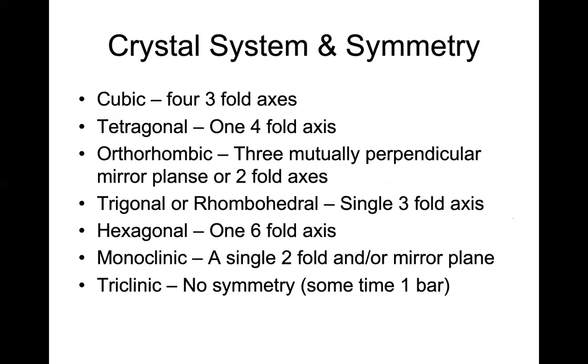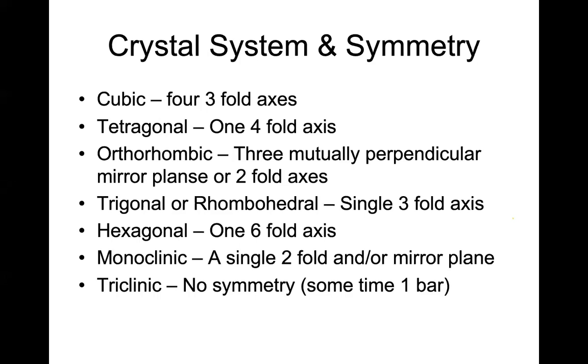Now you want to identify the crystal system based on the symmetry. For cubic, you will have four three-fold axes along the diagonals. In tetragonal structure you have one four-fold axis. In orthorhombic you will have three mutually perpendicular mirror planes or two-fold axes. In trigonal or rhombohedral, a single three-fold axis; hexagonal, one six-fold axis; monoclinic, a single two-fold axis and/or mirror plane.